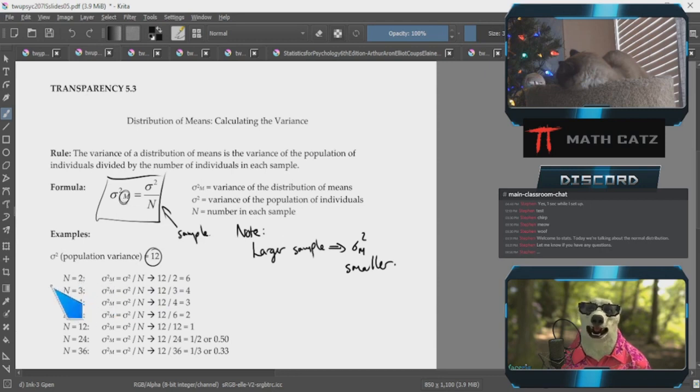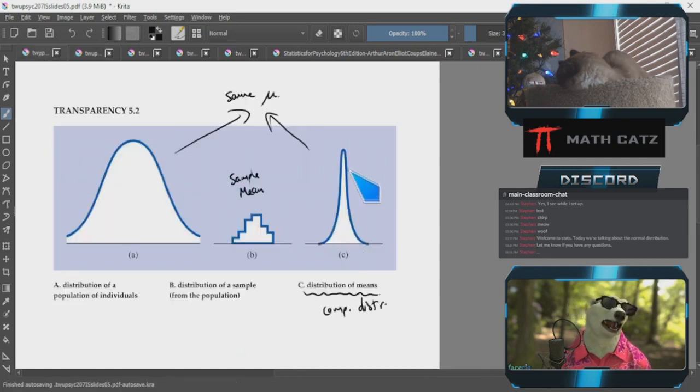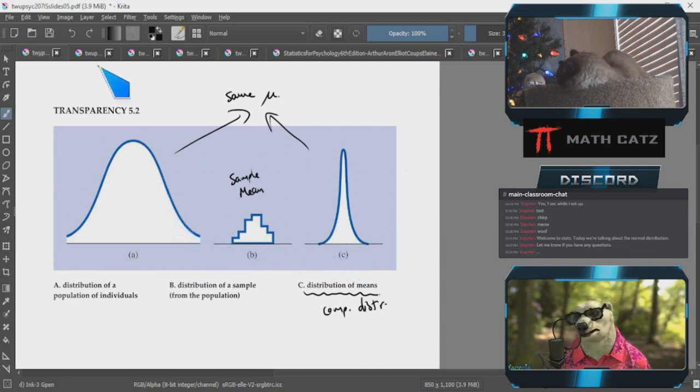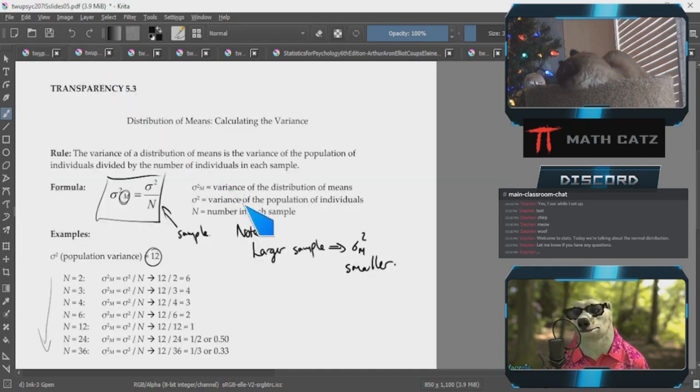And you see here, the larger the sample size, the lower that variance is, visually or graphically, the tighter this distribution is. I am much less likely to get sample means far away from the mean if I take larger samples. Okay, so we'll refer back to this in a little while.